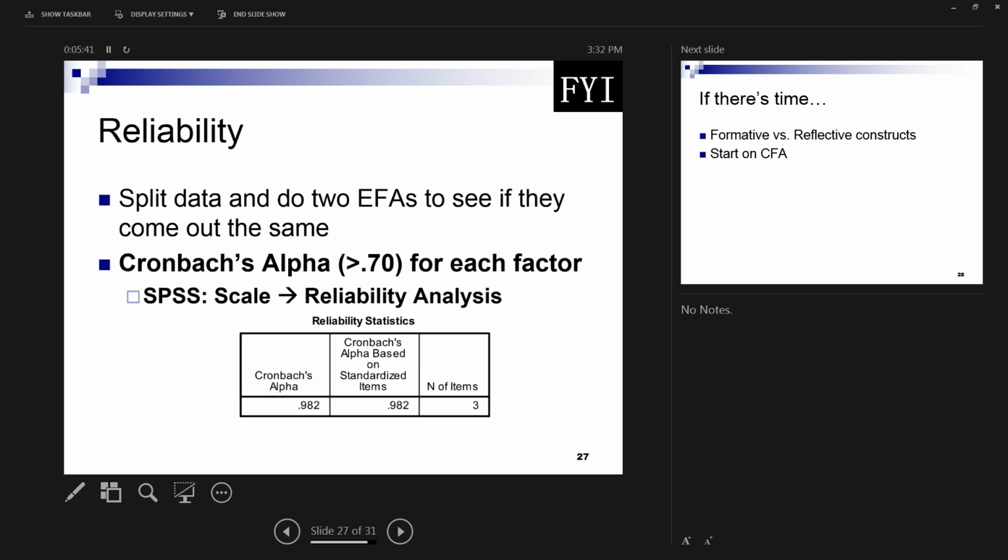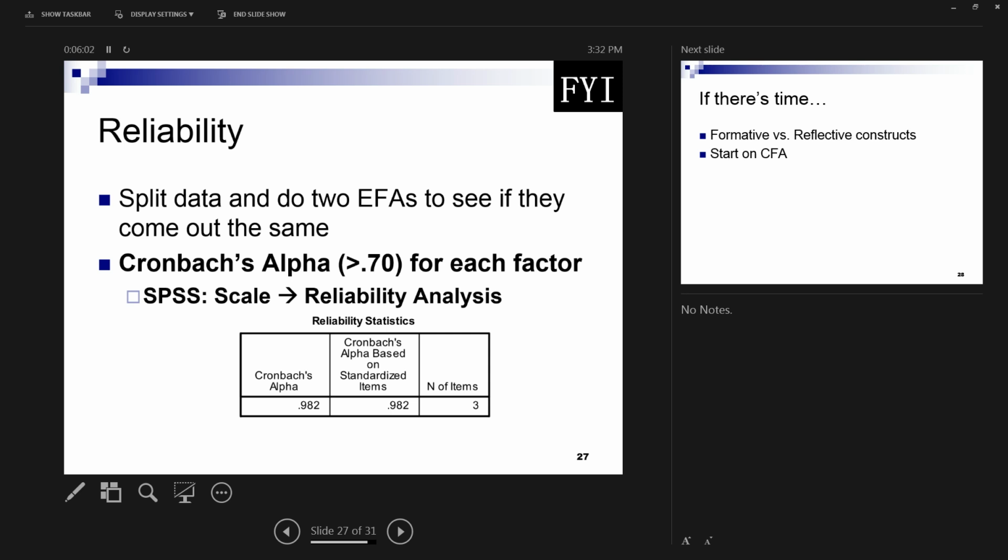It could be a lot easier if you've got 7, 8 factors than going through each time. But if you don't report Cronbach's alpha, reviewers will come back and say, where's your Cronbach's alpha? If you don't report splitting it up randomly and doing 2 EFAs, nobody will ask. So that's why everybody just defaults to Cronbach's alpha.